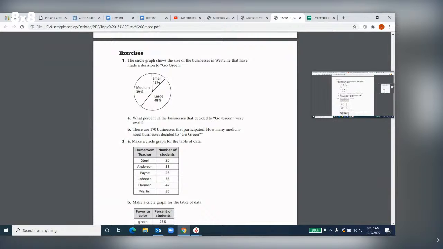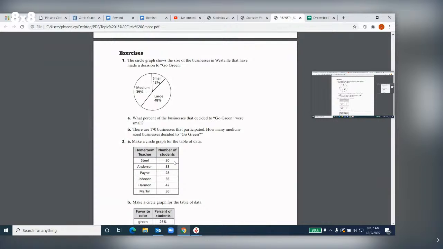For this one, the biggest piece would be Harmon. The second biggest would be Anderson. Then you'd have Martin and Johnson, both 36%. The smallest one would be Steele. You would go by the largest number of students, which is 42, so that's going to be the biggest piece of pie.